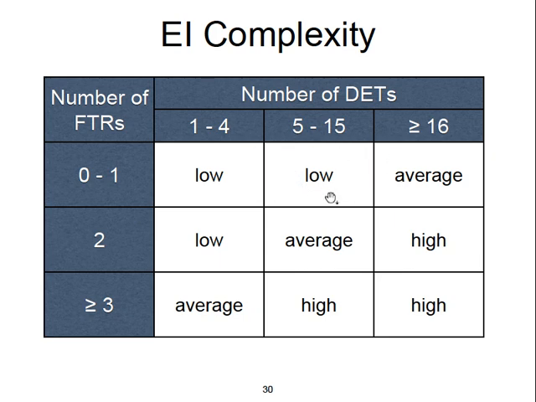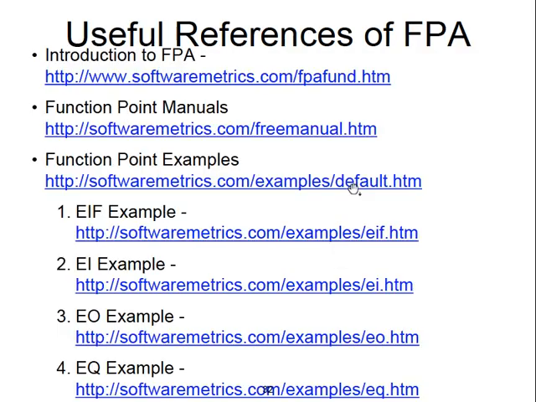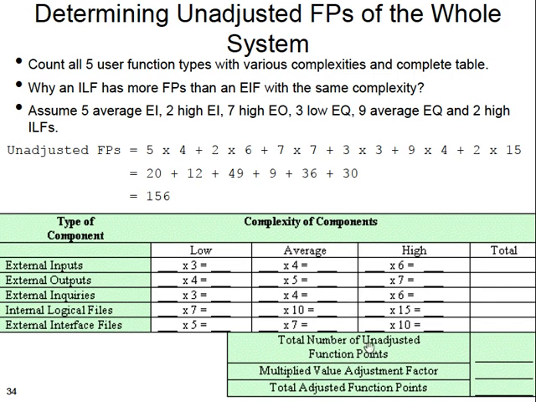Then it is barely considered low complexity. As long as the number of fields is increased by 1, or the number of groupings is increased by 1, it will become average. So this function that we just saw would contribute to EI, and EI will just contribute 3 function points.